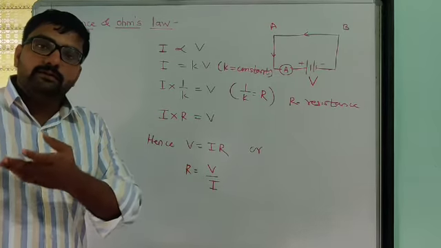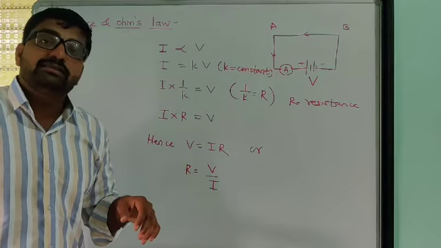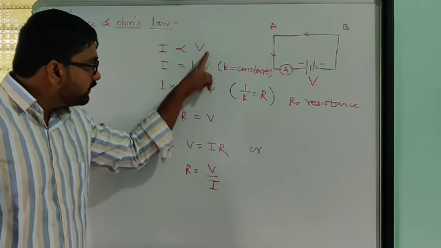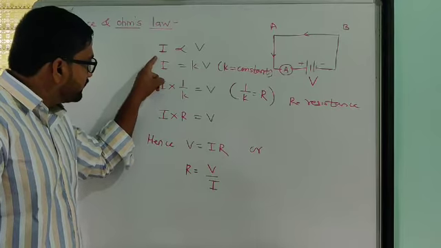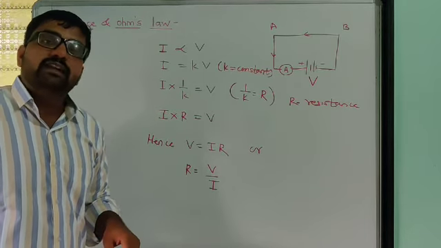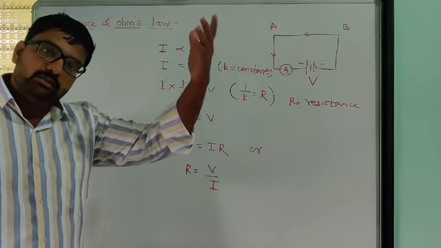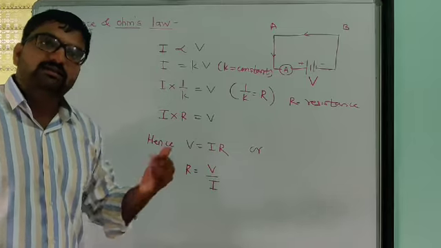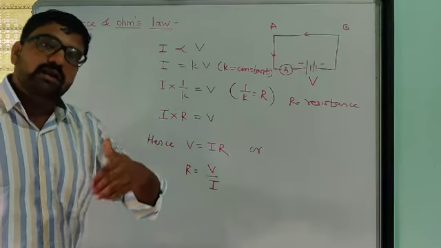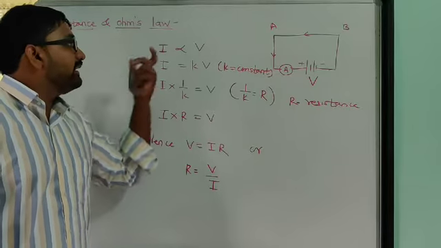As the potential difference increases, the current passing through it also increases. As the potential difference decreases, the current passing through that circuit also decreases. That is the direct relation. If one term increases, the other term will increase. If one term decreases, the other will decrease. Such relations are called direct relations.